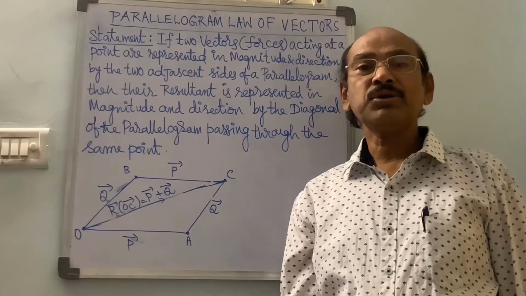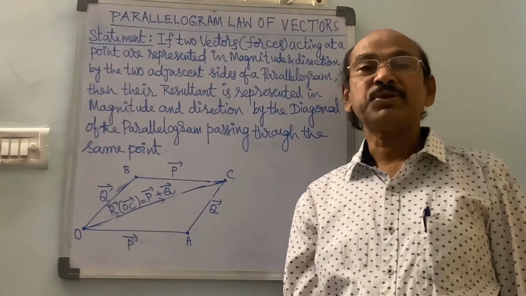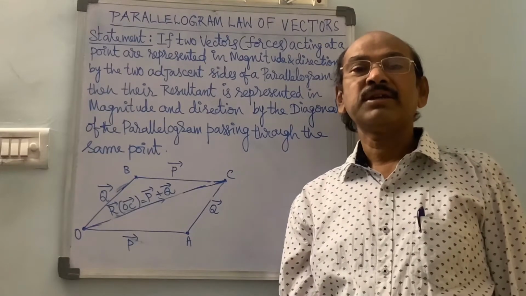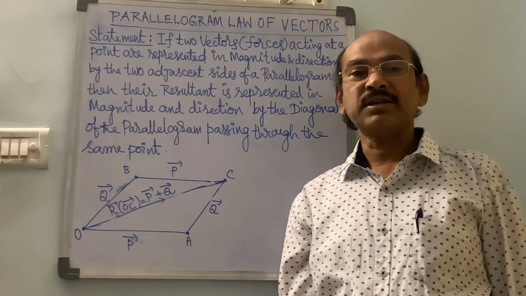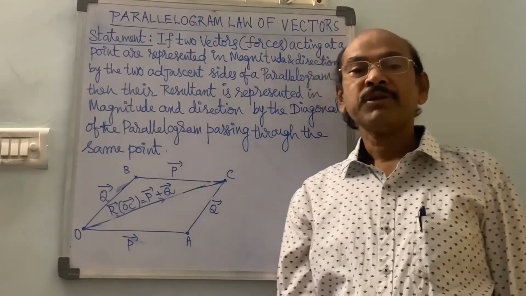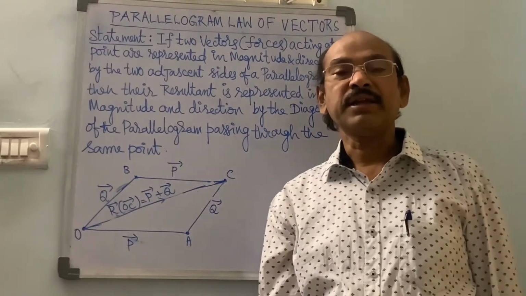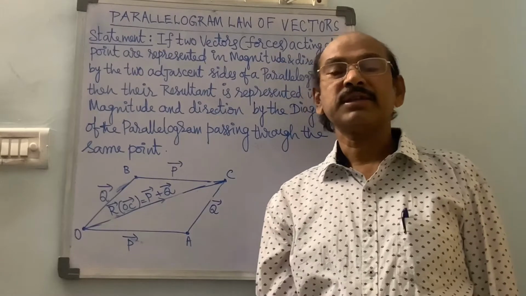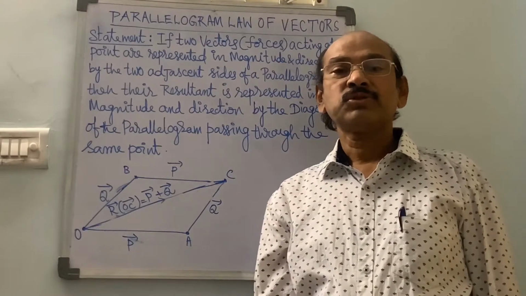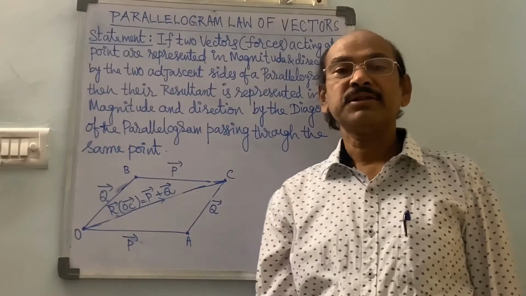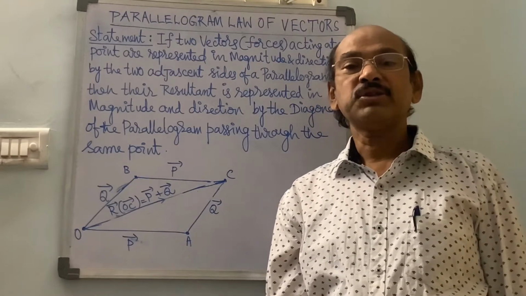If we don't know the angle between the two vectors, then we use the triangle law of vectors to find the resultant.